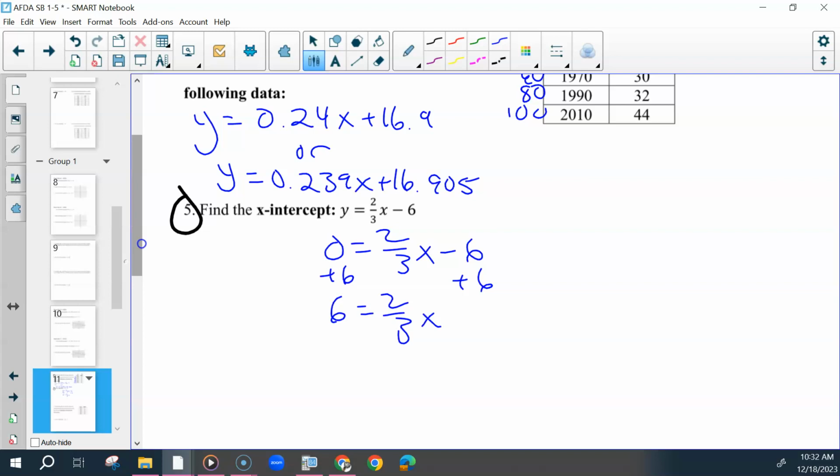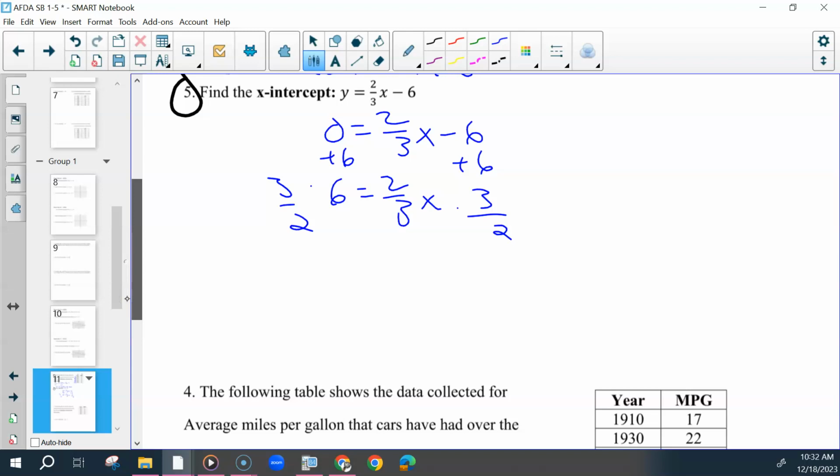And then you can either divide both sides by 2/3 or take this, flip it, and multiply on both sides. We have 18 over 2, which is 9. Questions on that one?